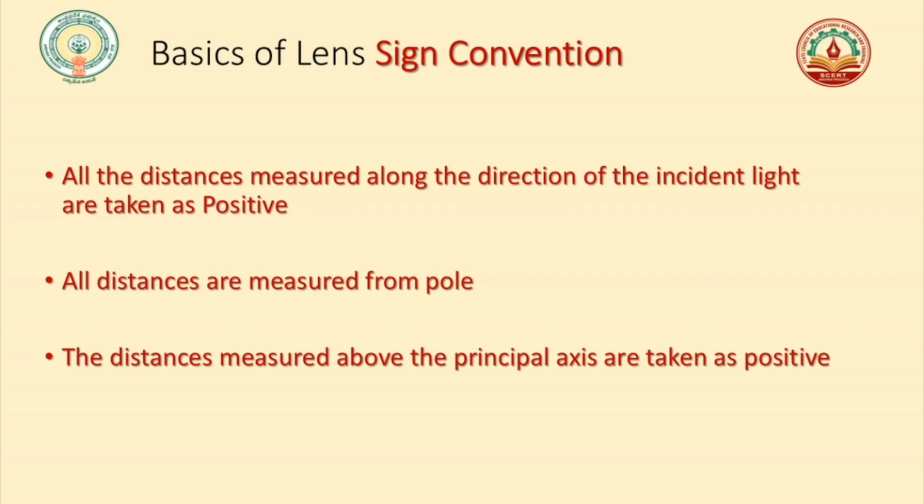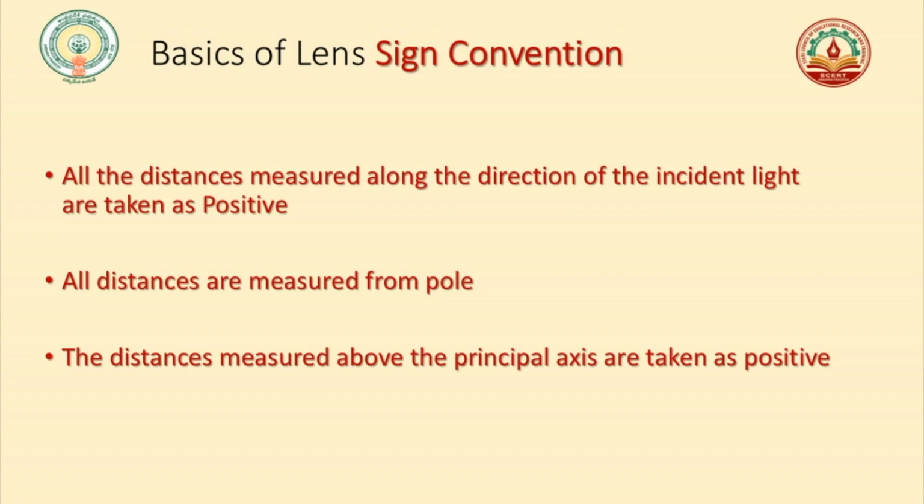First of all, you have to know that all the distances will be measured in the direction of incident light. Those distances may be taken as positive. We have to make sure of the direction of the incident light; only distances measured along the direction of incident light are taken as positive.